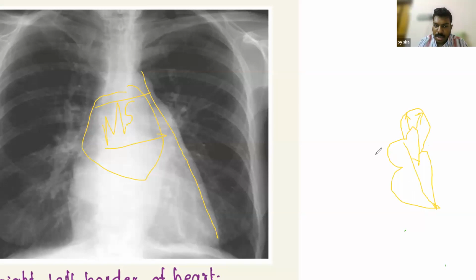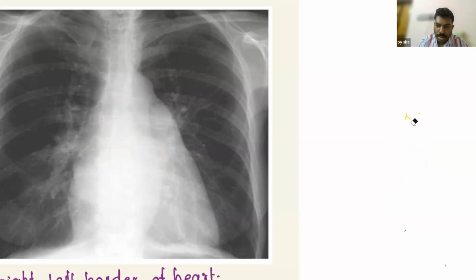When this space increases, there is going to be left atrial enlargement, and this is going to be seen as the straightening of the left heart border in patients with mitral stenosis. This is a very important thing.